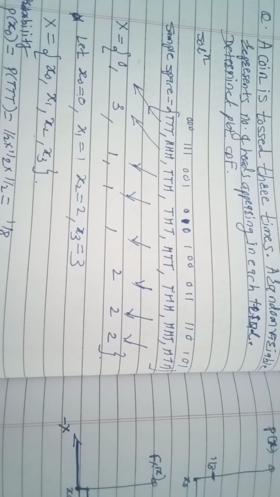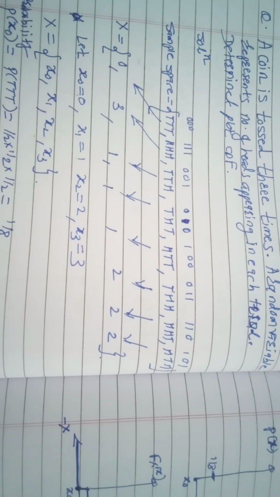That means if you toss a coin 3 times, you will get either head or tail each time. In the first toss you will get head or tail, in the second toss either head or tail, and in the third toss either head or tail.